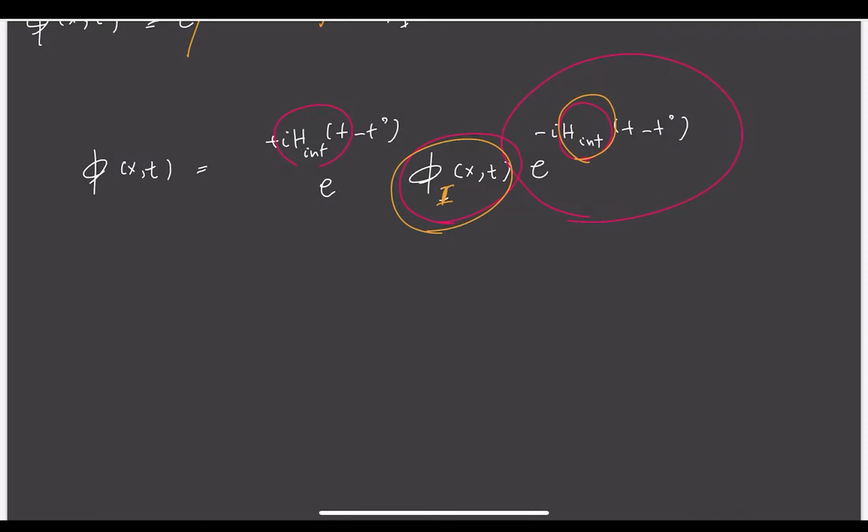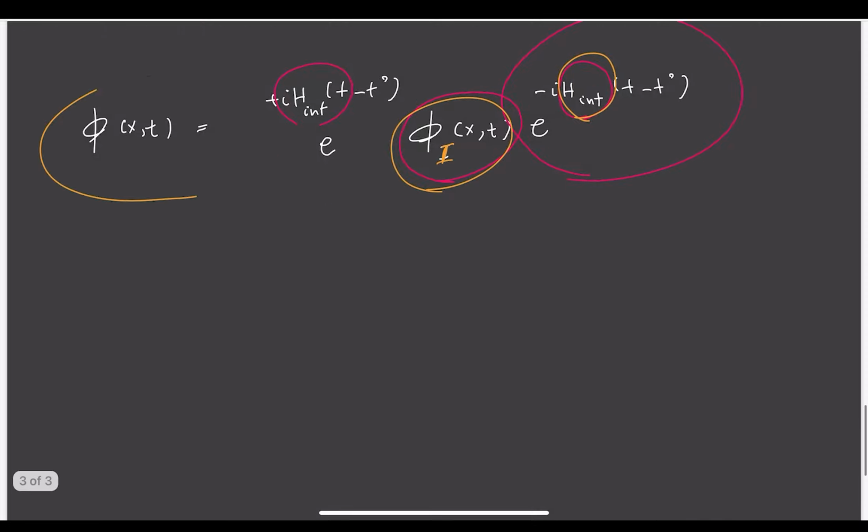But this is not our field. This is the interactive field. Our field is the evolution of the interactive field with the interactive Hamiltonian. I hope the mathematical logic is simple. We're just doing some arithmetic, and then we get to this expression. And now it's time to introduce the evolution function.